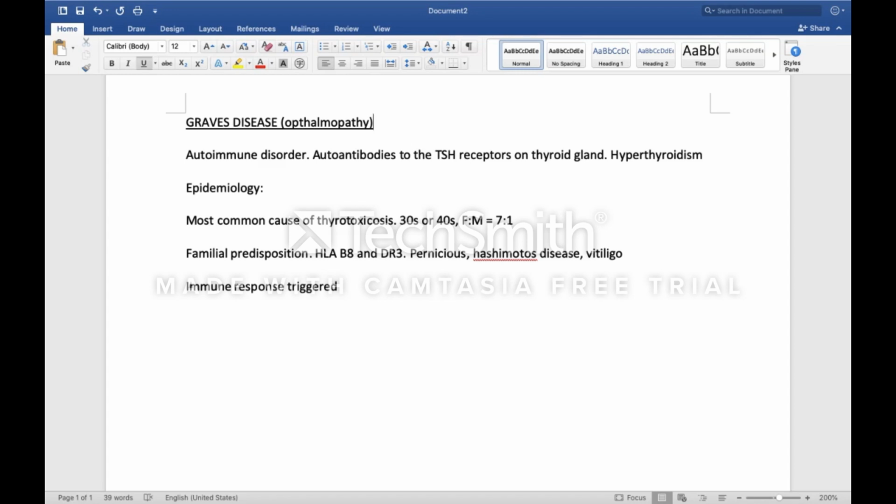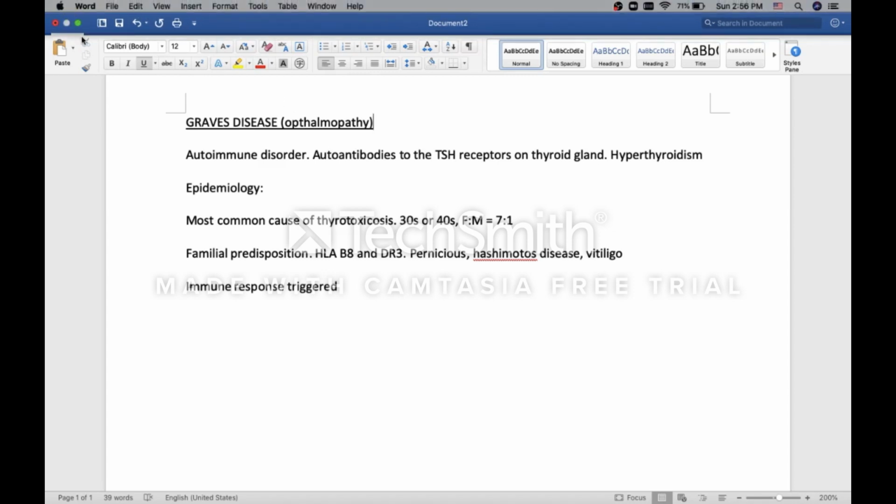There is more and more inflammation around the eyes, and under the skin there is accumulation of glycosaminoglycans, which I was talking about before as well. Due to this extra tissue deposition, the eyeballs are pushed forward, so the eyes seem to be propping out from the eye sockets, and it is called proptosis.